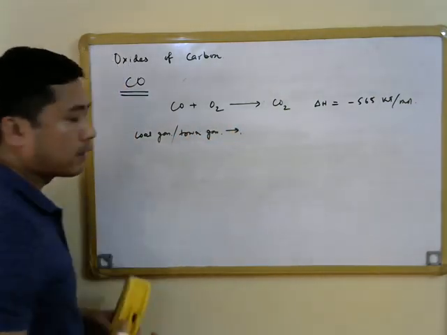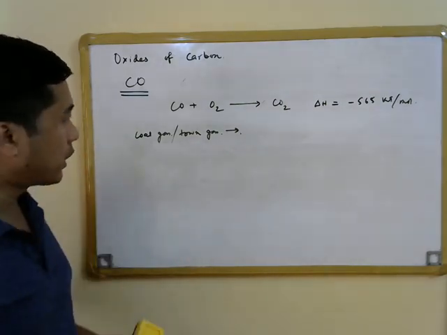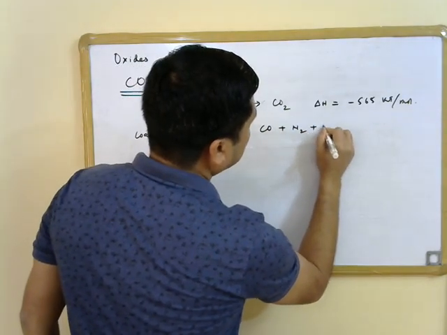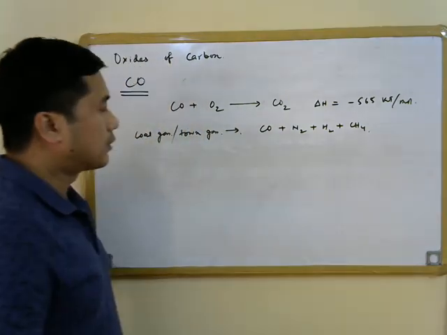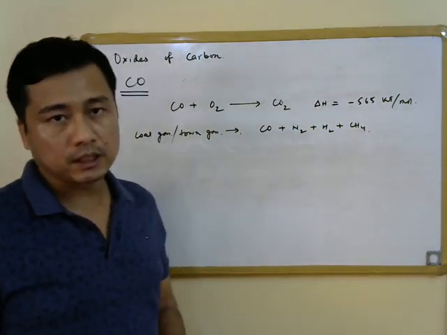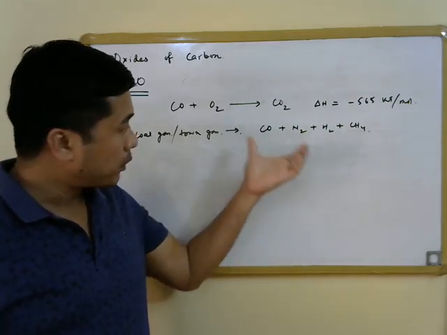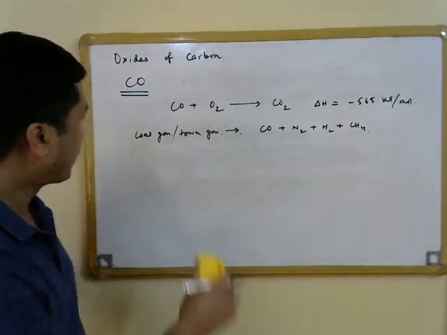It is a mixture of carbon monoxide, nitrogen, hydrogen, and CH4. So these four gases are present in this coal gas, and it is manufactured by distillation of coal.